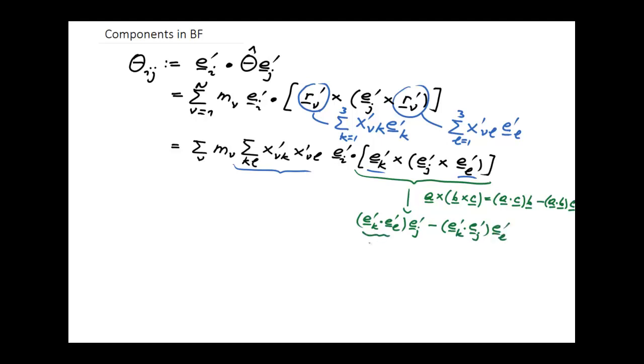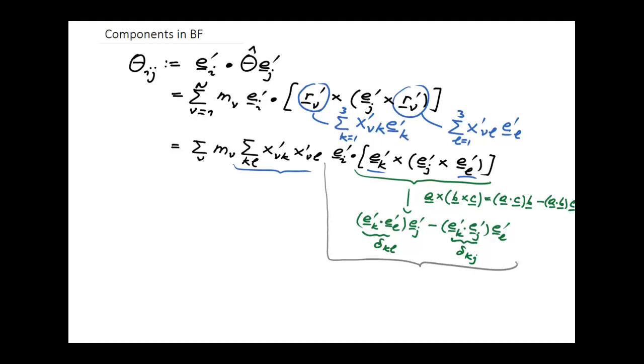Now we assume that this is an orthonormal basis. So this is a Kronecker delta, kl, and this is a Kronecker delta, kj. So it's 1 if the indices are equal, and it's 0 if they are different. Now the whole square bracket is multiplied as a scalar product with the e_i primed in front. So now we incorporate the e_i primed.